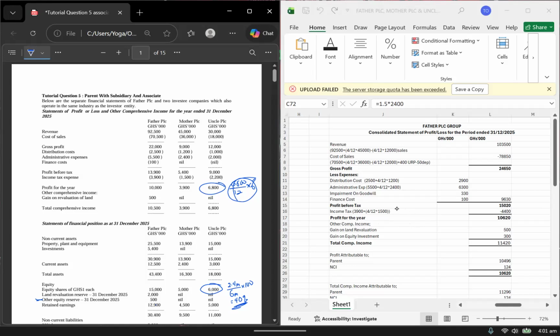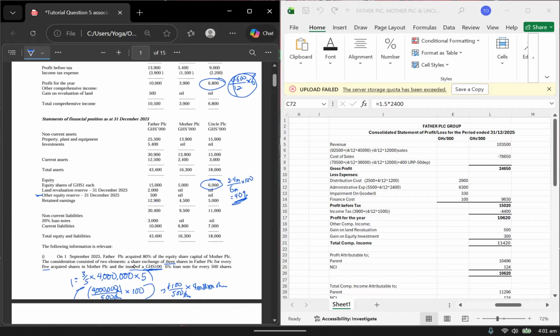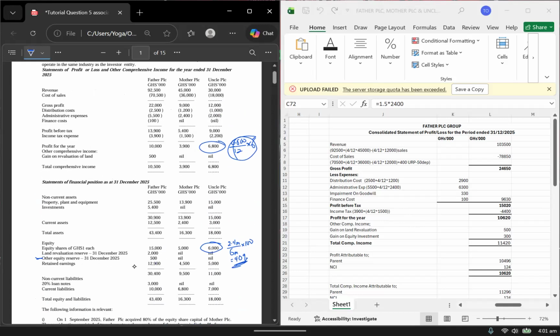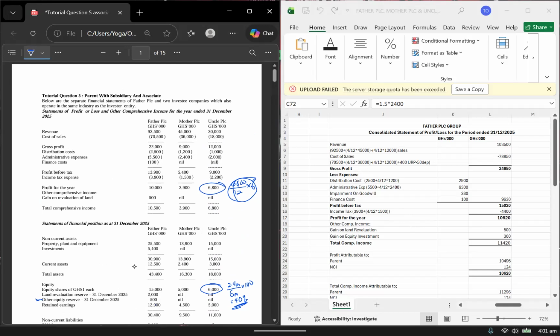For the consolidated statement of financial position, we don't apportion it, because those values are as at a specific date, while this one is for the year ended or the period ended. This one is for a whole year, but that one is as at a specific date. These are the balances in our books. So you take revenue 92,500 plus 4 out of 12 times this.